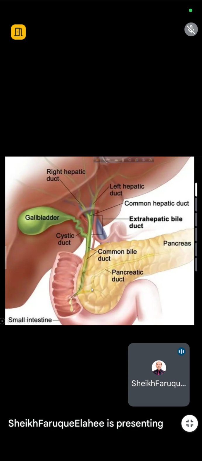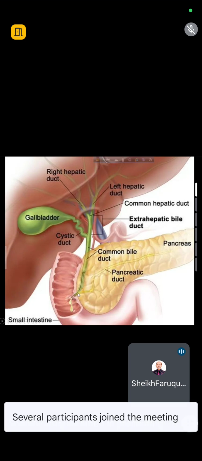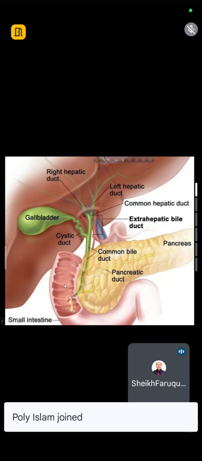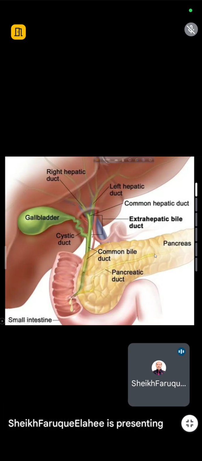And this pancreatic duct combines with the common bile duct to form a joint opening. This is called the ampulla of Vater. They open into the small intestine, in the duodenum. This is the duodenum. So in the duodenum, all the bile and pancreatic juice secrete their juices.